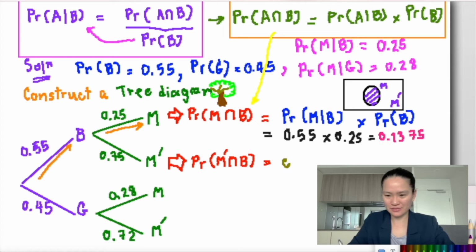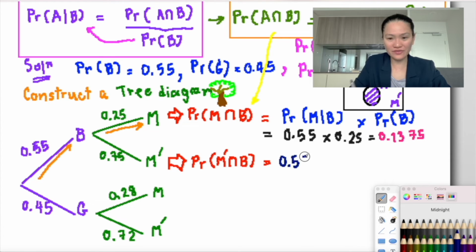0.55. Okay. What is it from here? You can see from the branch here, 0.55. I write down 0.55 times 0.75. And what is the answer?